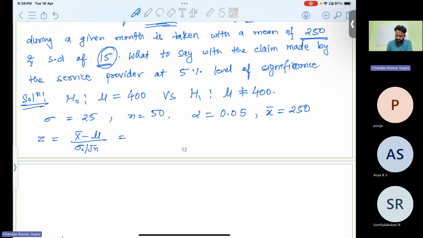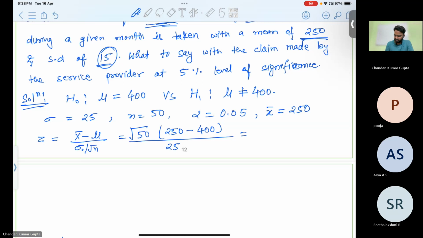Root n comes out in the numerator, so it will be root n, which is root 50, times x bar, 250, minus mu, 400, on sigma, 25.